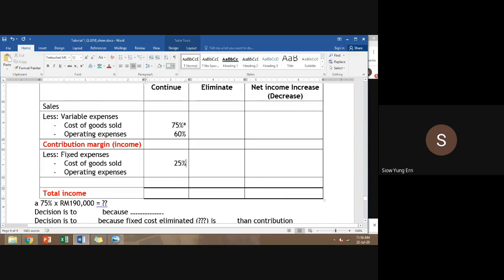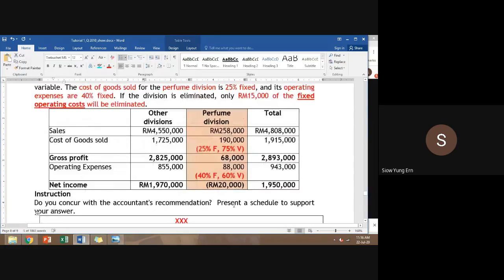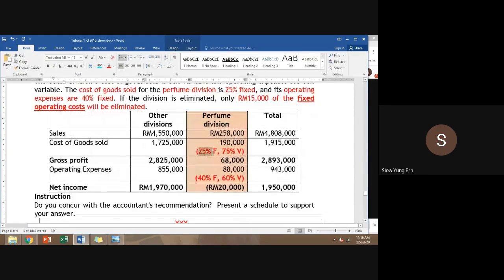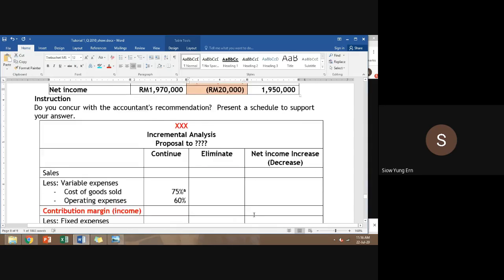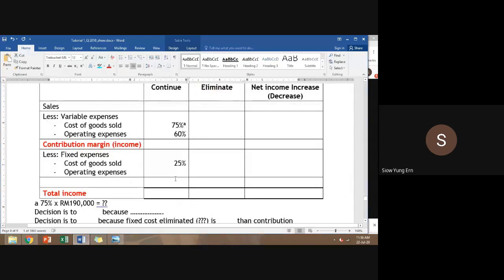You can look at the question: 25% of 190,000, so you will get 47,500.